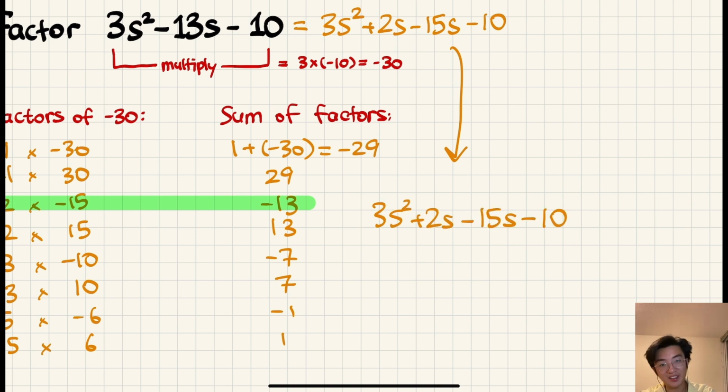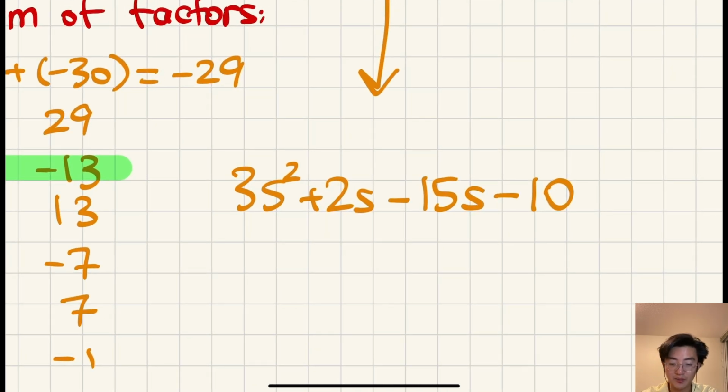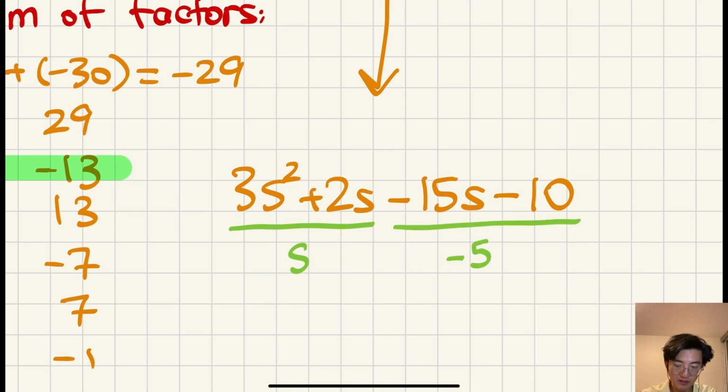We can use what we learned earlier with factoring polynomials using common factors. We noticed that for the first two terms, we can take out an s, because we have an s squared and an s by itself. And for the second two terms, we can take out a negative 5, because we've got a negative 15 and a negative 10.